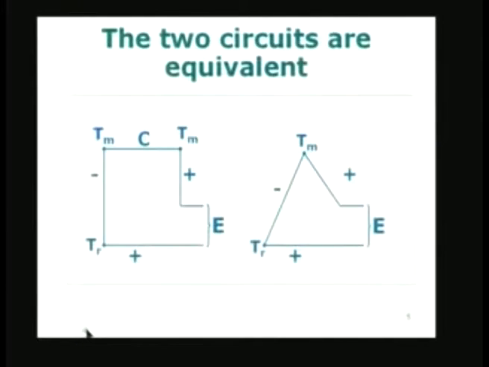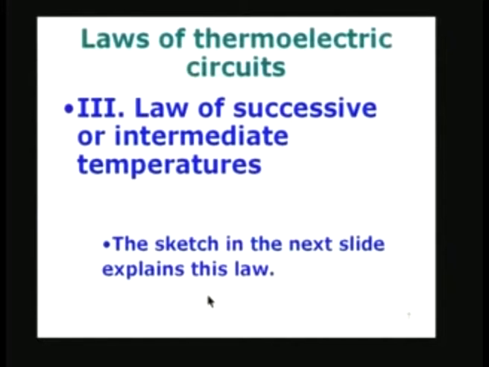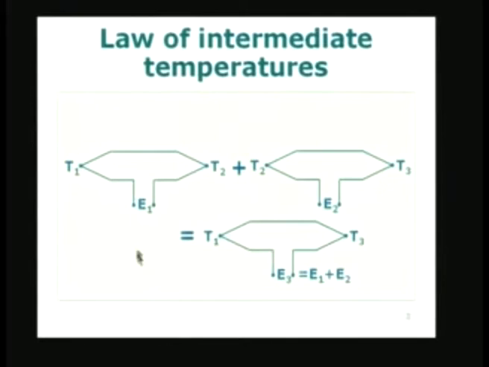So, with this, let us look at another important law, which is called the law of successive or intermediate temperatures, which is very useful, and I am making a small sketch in the next slide to explain this relationship or the law. Suppose I have 2 junctions T1 and T2, and I measure the electromotive force across the junctions, E1.